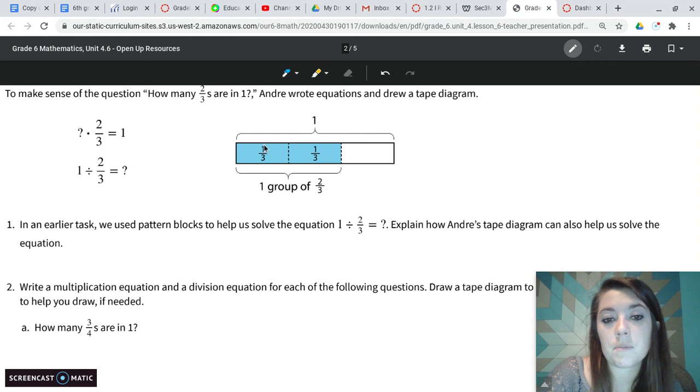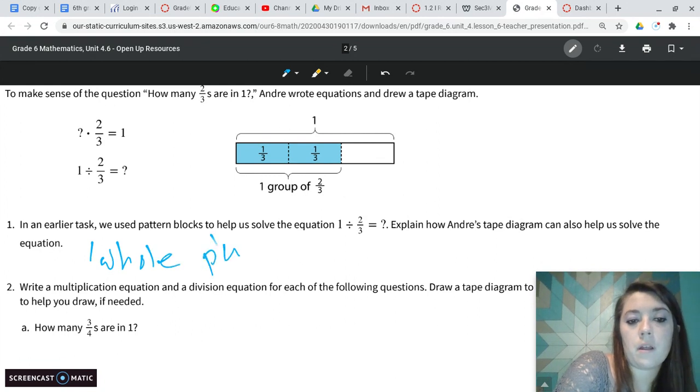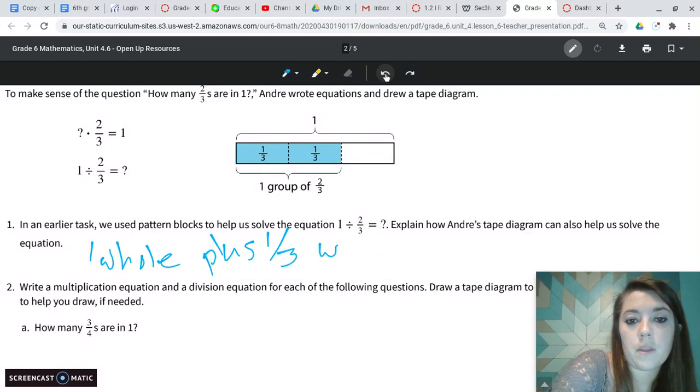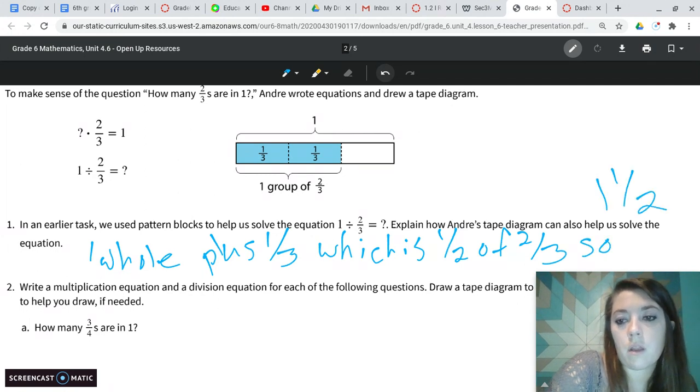Well, if we look at this tape diagram, we have 1 whole, plus 1/3, which is half of 2/3. So 1 and 1/2.